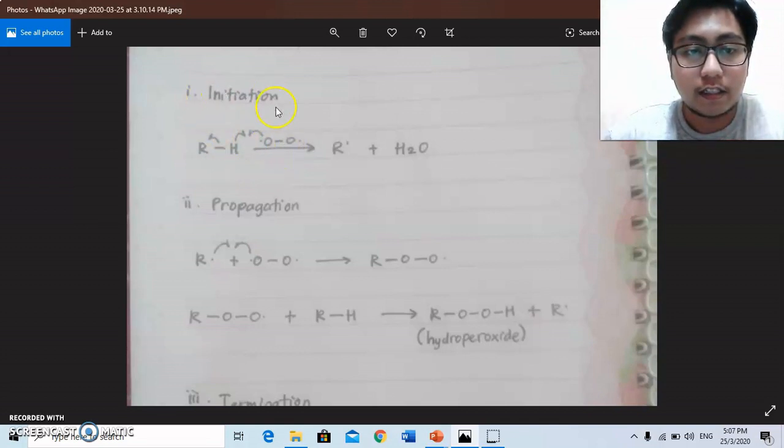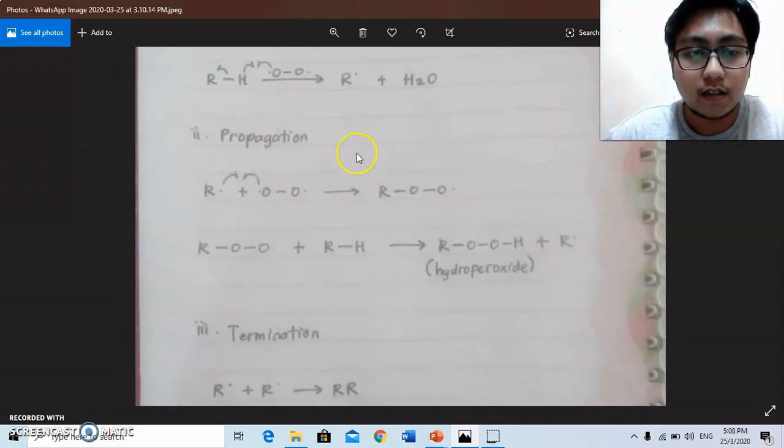The initiation process starts when O2, or an oxygen molecule, comes and attacks the H atom which is attached to the R, and this will produce a free radical and also water. Alright, so this is the initiation step, the formation of free radicals.